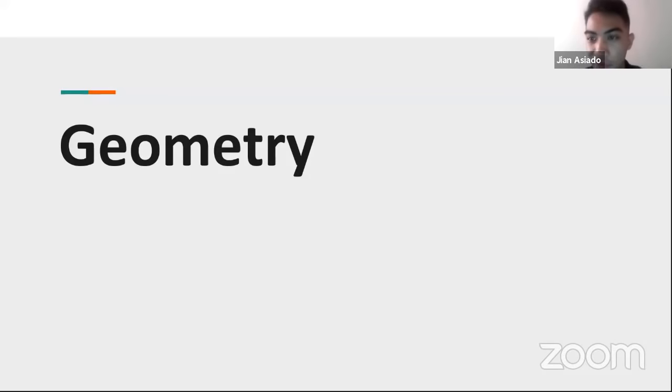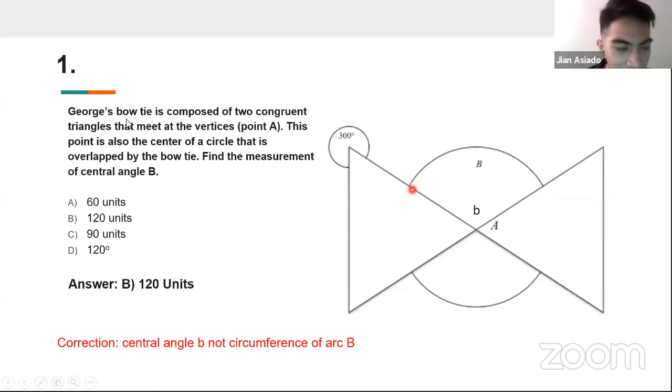Ayan. Okay. So geometry. Pasensya na medyo may naglalag yung PowerPoint, may delay siya eh.